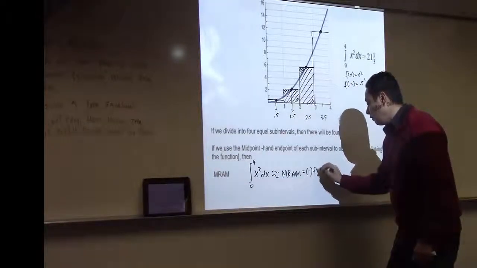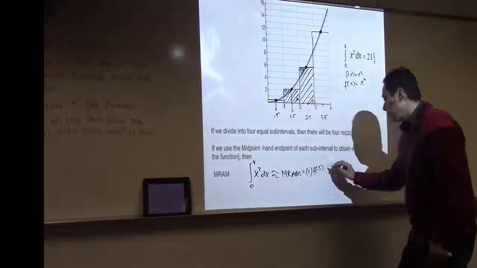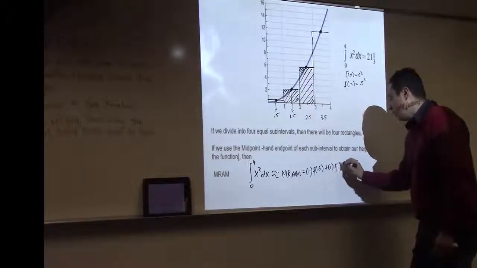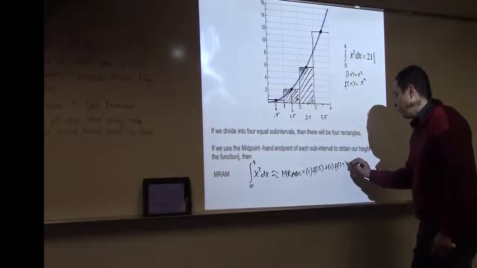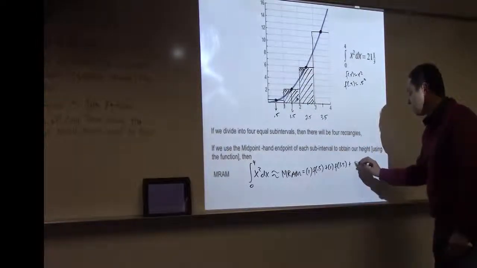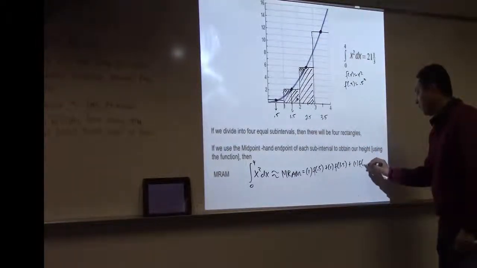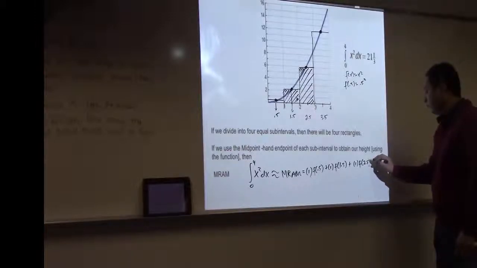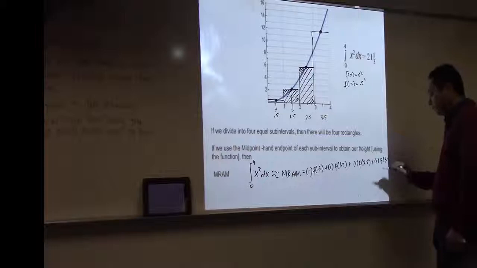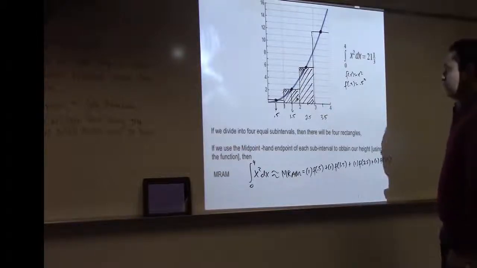So f of 0.5 plus 1 times f of 1.5 plus 1 times f of 2.5 plus 1 times f of 3.5. And then we just need to get the values for those.